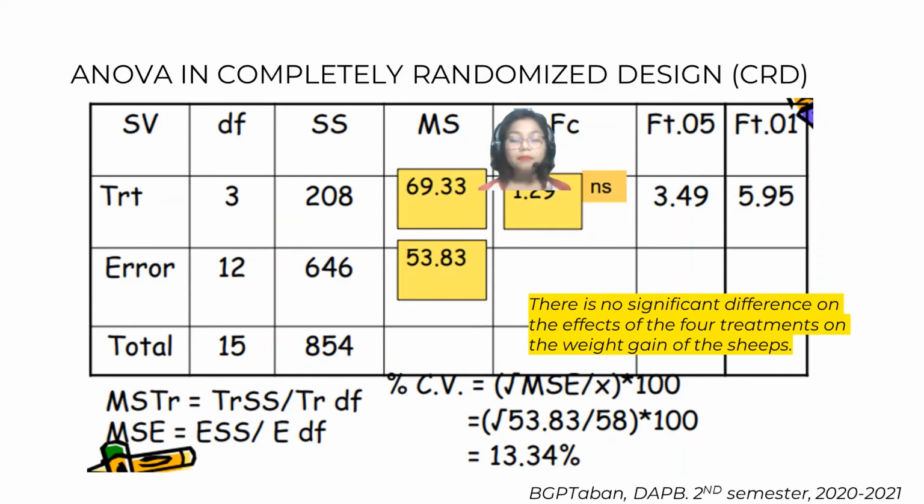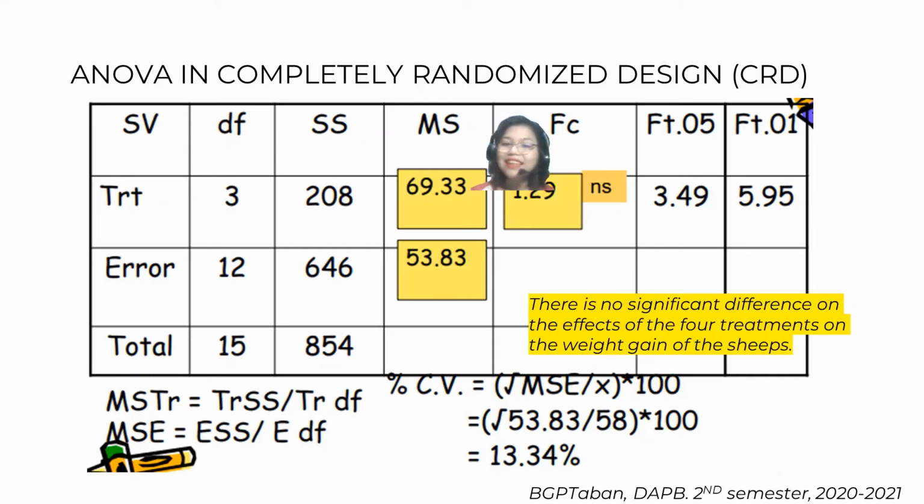Ibig sabihin, there is no significant difference on the effects of the 4 treatments on the weight gain of the 16 sheets. So, pare-pareho lang po almost yung differences po, kahit po iba-iba po yung treatment. Okay? So, there's no significant difference on the effects of the 4 treatments on the weight gain of the sheets.